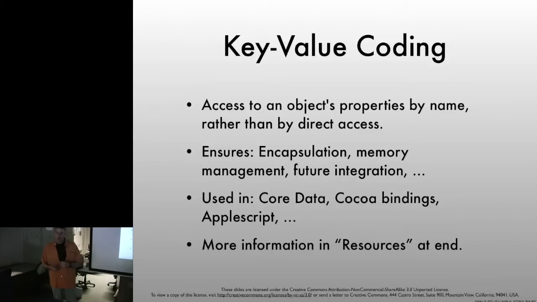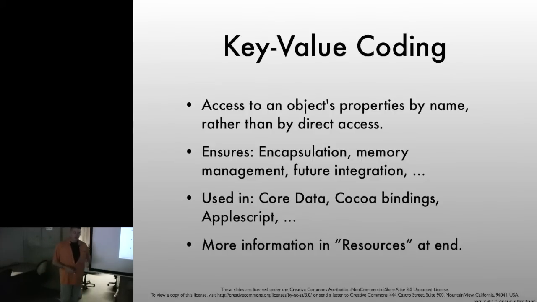It's also part of Cocoa bindings, which we're not going to discuss this semester, but there are plenty of resources out there if you're interested. That, in a nutshell, is a way that you can keep your data and your user interface linked tightly together so that changes in your data automatically reflect in your views and vice versa.